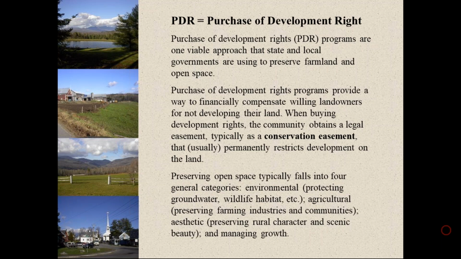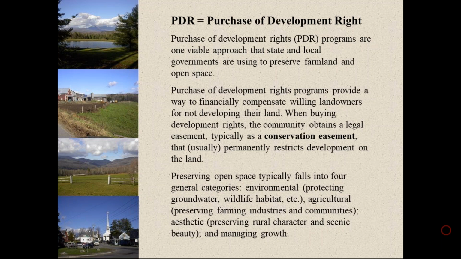So they're very similar in that development rights can be transferred to another area, and then the rural or agricultural or environmental area is preserved with a conservation easement. And so the development rights otherwise associated with that land are sold or transferred to another property, to another developer.